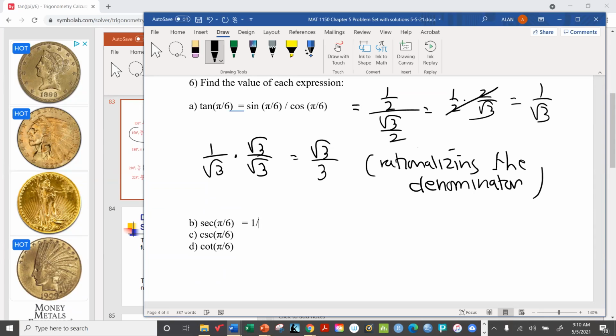So it's 1 over the cosine of pi over 6. So what is that going to be? 1 over radical 3 over 2.